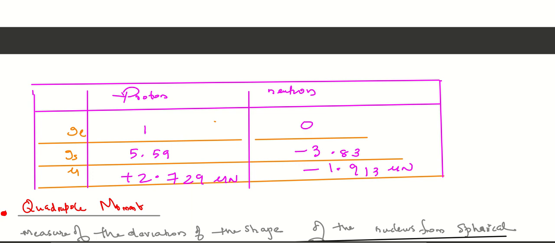For proton, GL is equal to 1, GS is equal to 5.59, mu is equal to plus 2.729 mu n. For neutron, GL is equal to 0, GS is equal to minus 3.83, and mu is equal to minus 1.913 mu n. Okay.